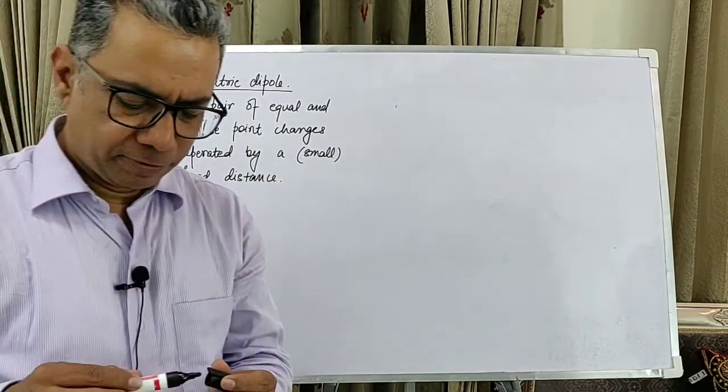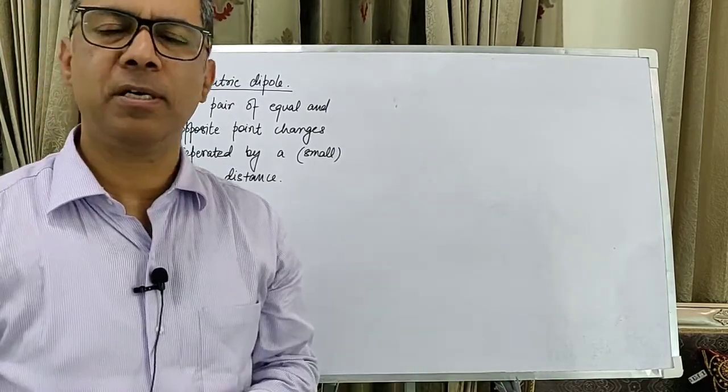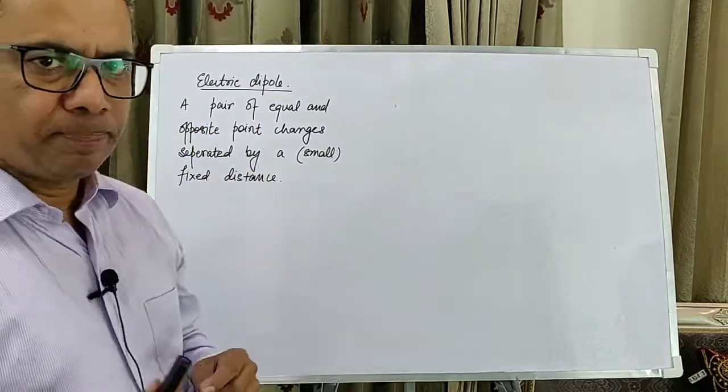So if we have an equal and opposite pair of charges separated by some distance which is fixed, then we have a dipole.